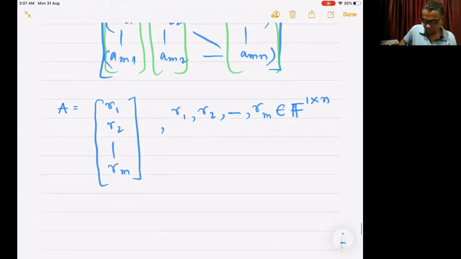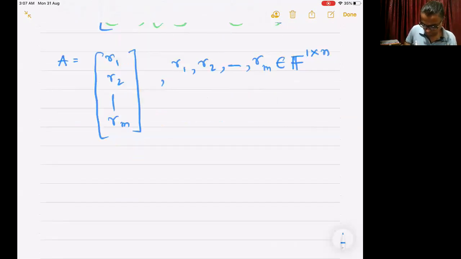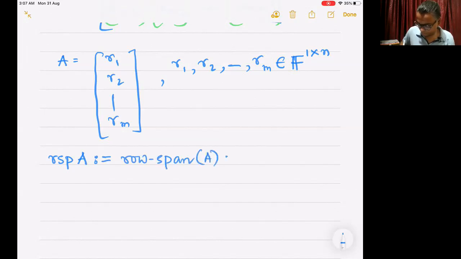Therefore, row span of A, or RSP of A, by definition, is the span of R1 up to Rm.